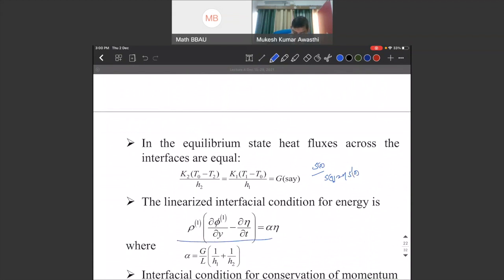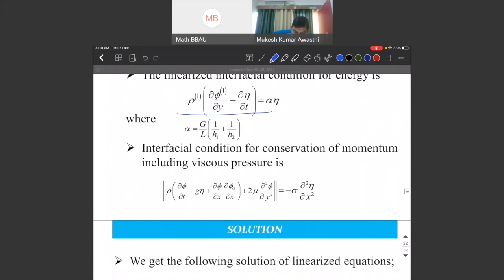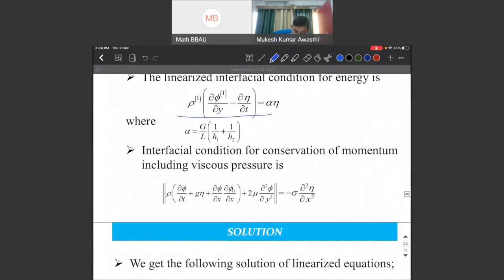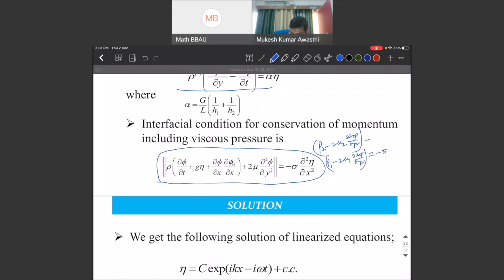Now after calculating this condition, we can write the interfacial condition for the pressure balance equation at the interface. Similarly, as we discussed earlier, it is P2 minus 2 mu 2 del 2 phi 2 by del y square minus P1 minus 2 mu 1 del 2 phi 1 by del y square is equal to minus sigma times the divergence of n cap.